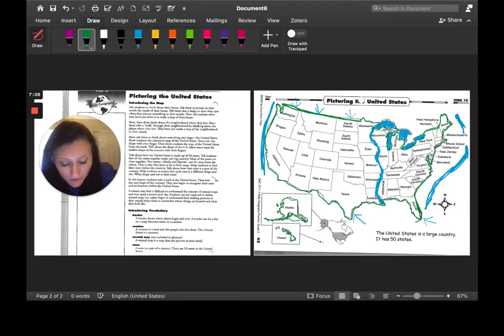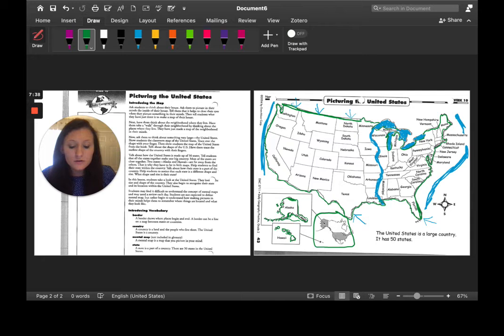And so the reason that they are down here by themselves and they show where they are located compared to Canada and Mexico and where the other 48 states are is because these 2 states are not directly connected to the United States. So these 2 are far away from the other states. And that's why they are put into these little maps as well.